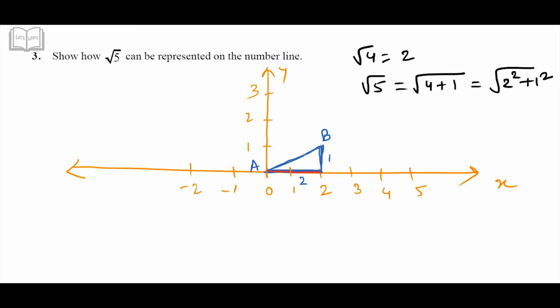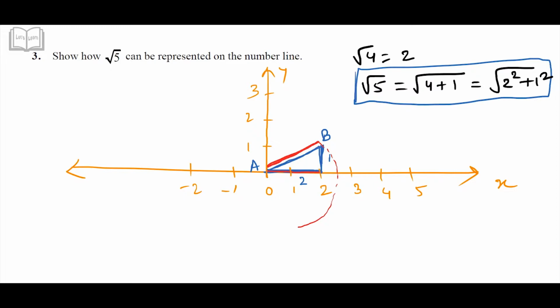It will be root 5, because from Pythagoras theorem AB square equals 2 square plus 1 square. Now to draw it on a number line, we take AB as the radius and draw a circle. I will draw a rough circle. As you move along a circle, the radius is fixed. So AB will equal AC if we assume this to be the point C. Therefore AC will be root 5 units.